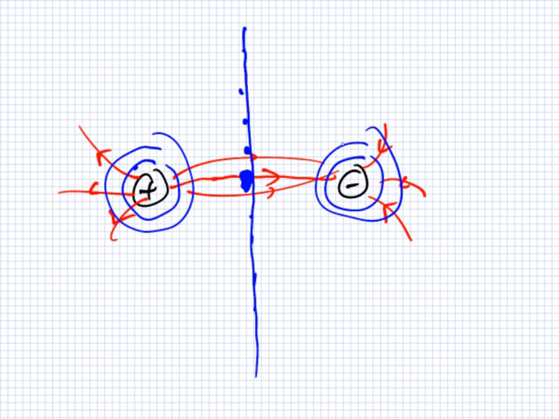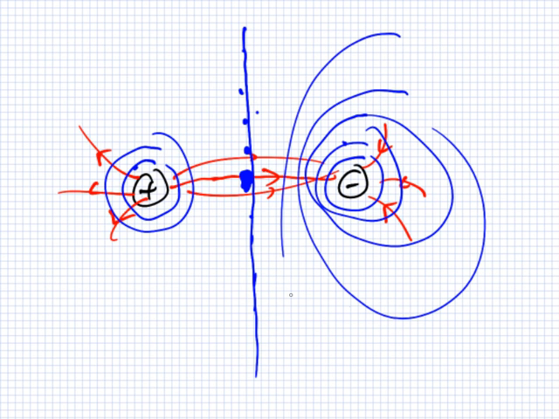But the question is, what happens in this part of space where I go from here to here? Well, here there's circles, true? Here there's circles and here's a line. So as I move from here to here, the equipotentials change from circles to lines. So they kind of get distorted to become lines.